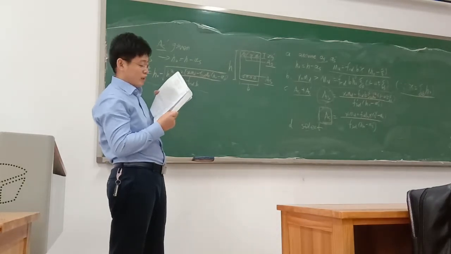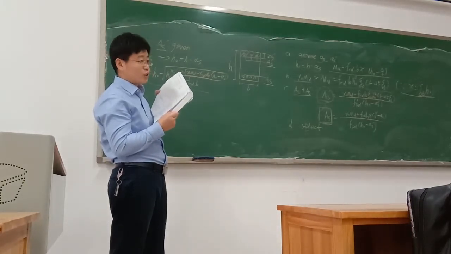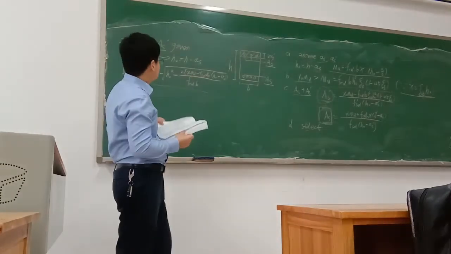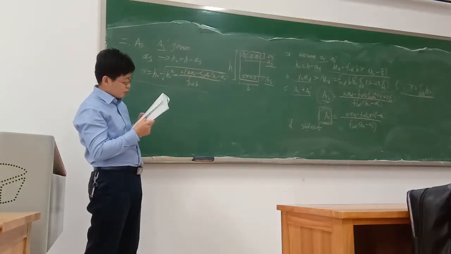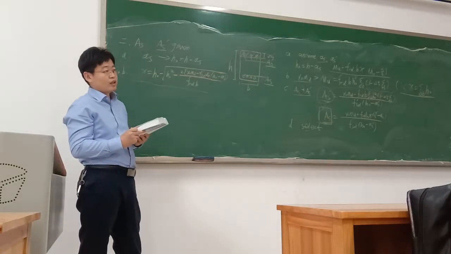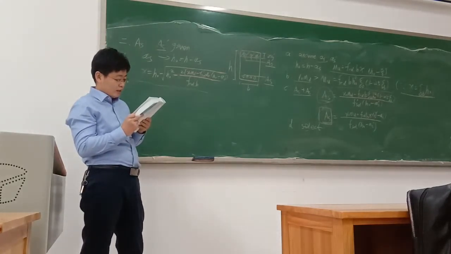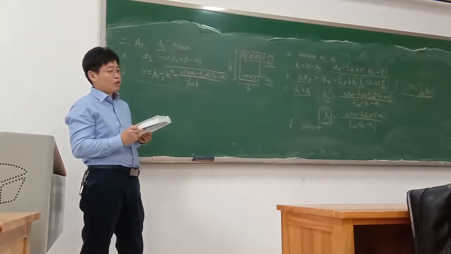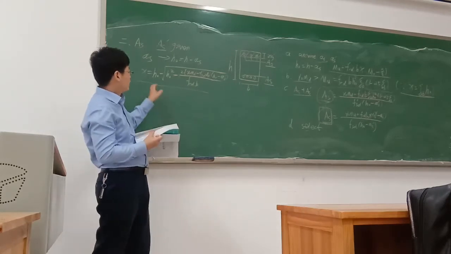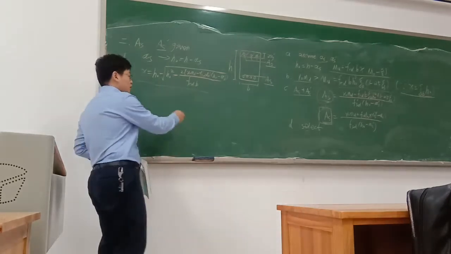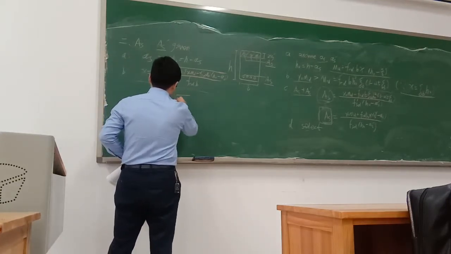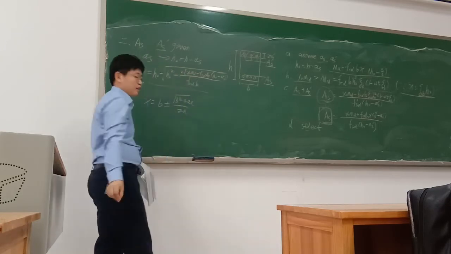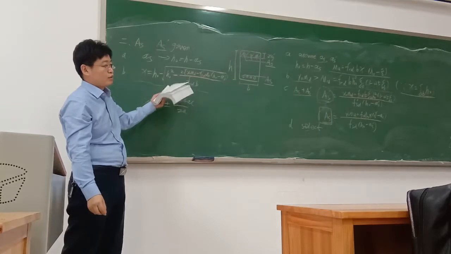In this equation we use AS prime and there is no AS, because in this question AS prime is given to you. Then in this equation only x is unknown, and this is a quadratic equation, so x is given by the quadratic formula, minus b plus or minus the square root of b squared minus 4ac. So we got this result.